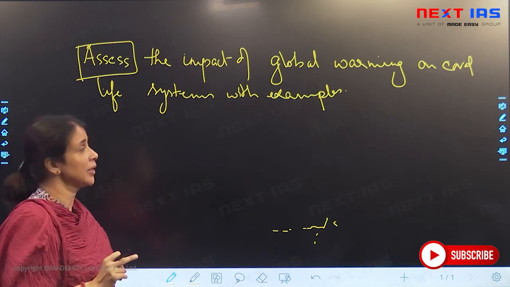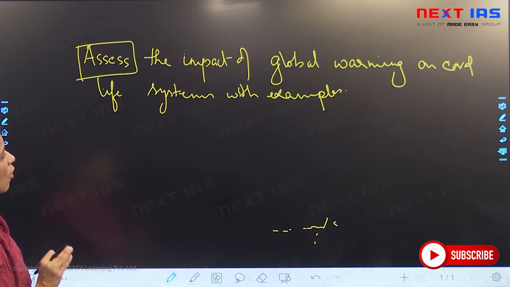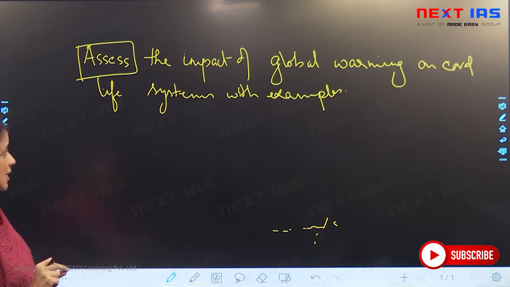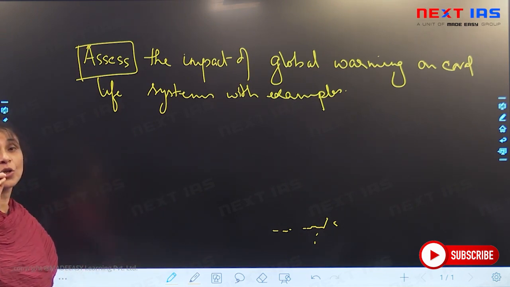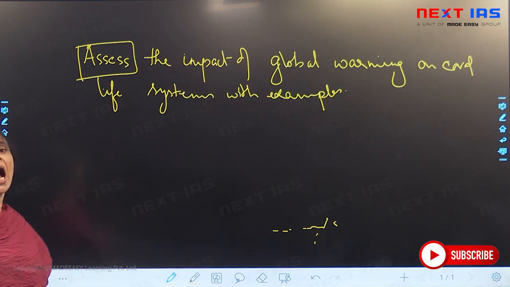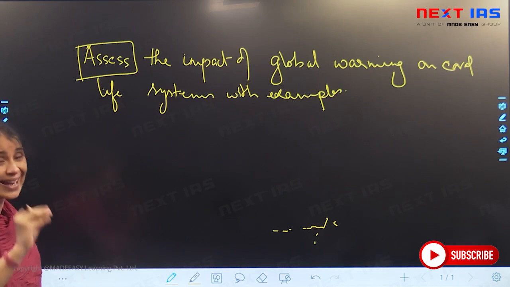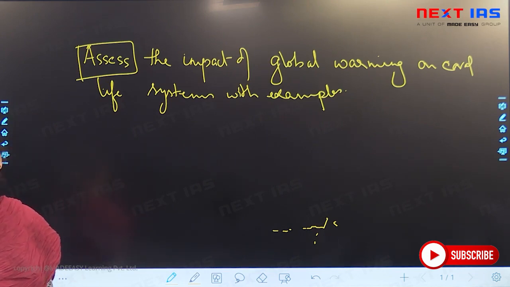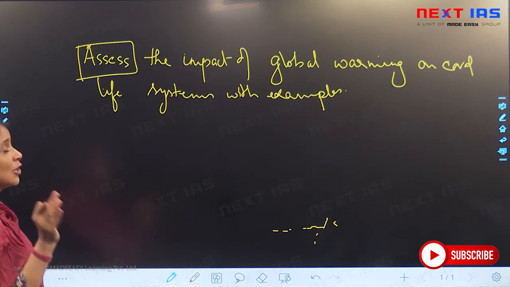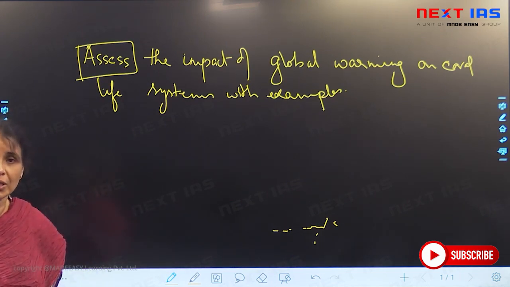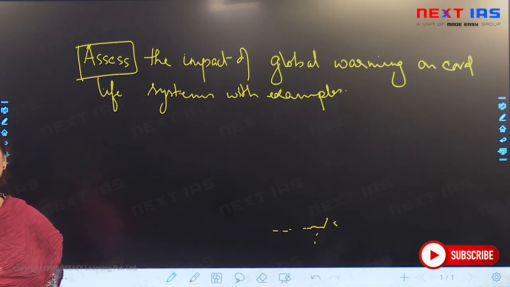The same thing will happen here: assess the impact of global warming on coral life systems with examples. So when you have to assess, you will see how this global warming has impacted corals, in what areas it has impacted, what further dangers it is showing, what signs it is showing, how corals are reacting to global warming. How many corals have already been destroyed, how the coral ecosystem in the Indian Ocean or maybe in the Australian areas has got destroyed with global warming.